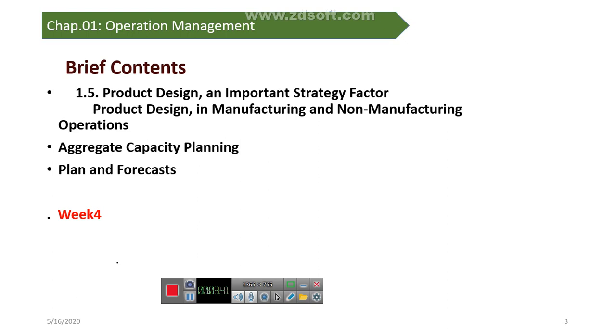Stages in the design process. Idea generation means product concept. In feasibility study, performance specification. In primary design, prototype. In final design, we'll go for the final design specification.